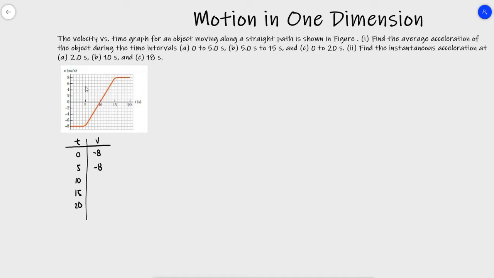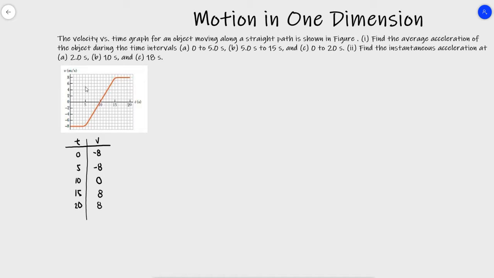We have a constant velocity here, and then the velocity is increasing. We have constant acceleration here. At 10 it is 0 and continuously increasing. At 15 seconds it is 8, and after 20 seconds, constant velocity, the acceleration is equal to 0.